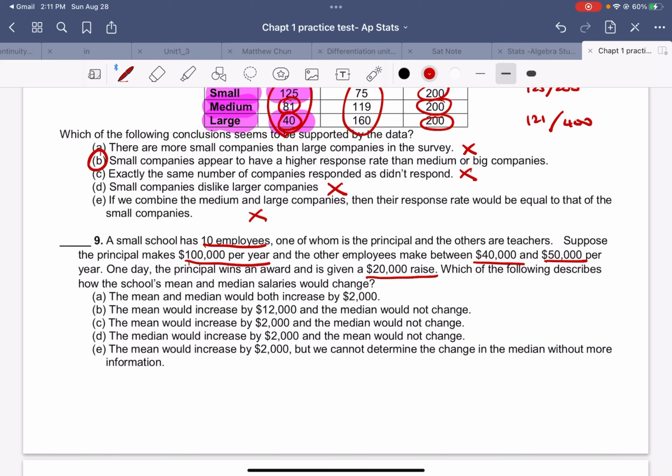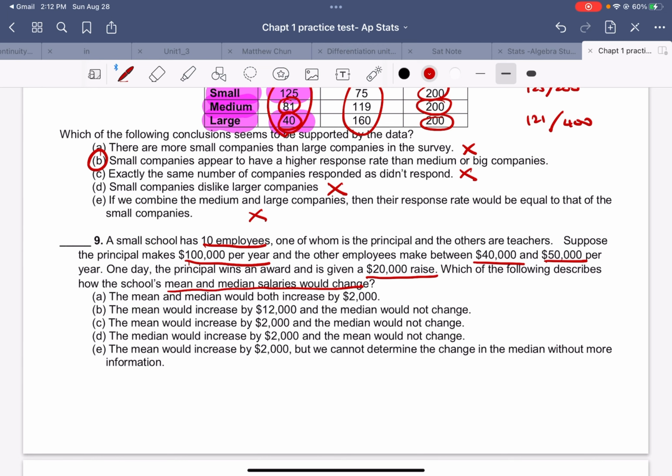Okay, so only the principal wins an award and gets a 20,000 raise. Which of the following describes how the school's mean and median salaries would change? The rest of the data stays the same, but only the highest salary, the principal's, is raised by 20,000, even further away. So it looks like that is an outlier.